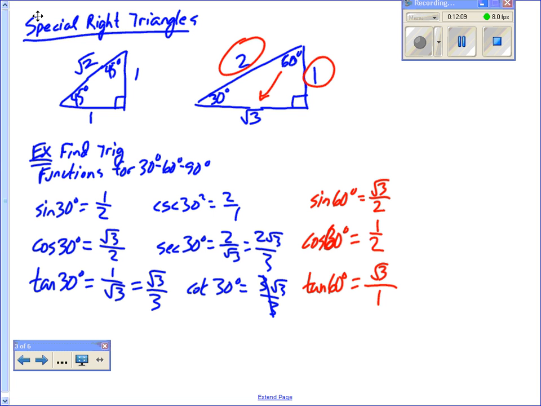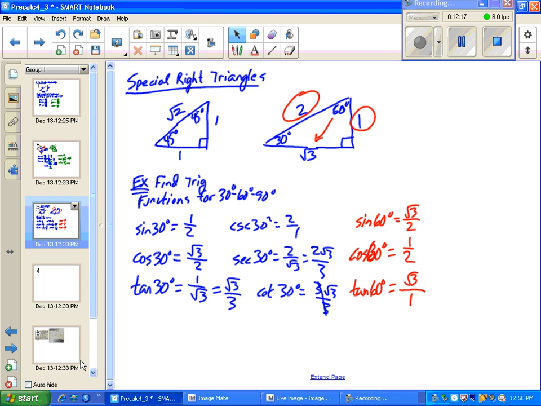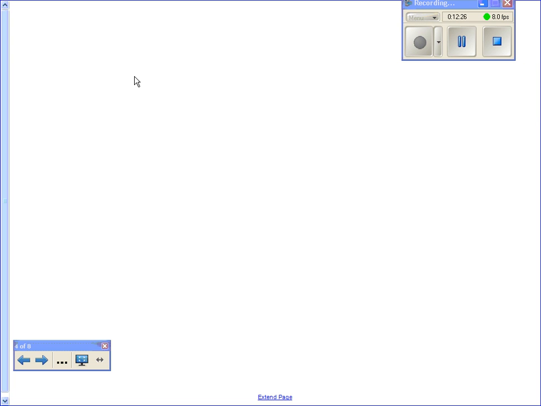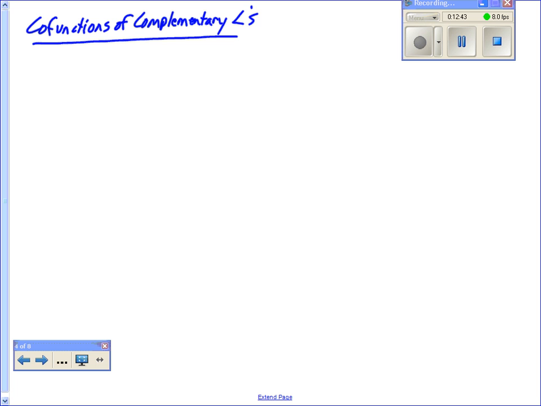Okay, let's move into some co-functions of complementary angles. All right, co-functions of complementary angles.